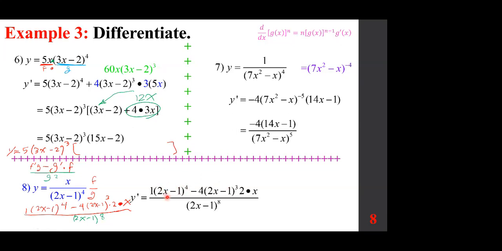What exponent do you use? 4 or 3? Use the smaller of the two. So we get 2x minus 1 cubed out. When you factor, this results in 2x minus 1 to the power of 1, or just 2x minus 1. This one goes away. So you get minus 4, 2, and x. Their product is minus 8x.